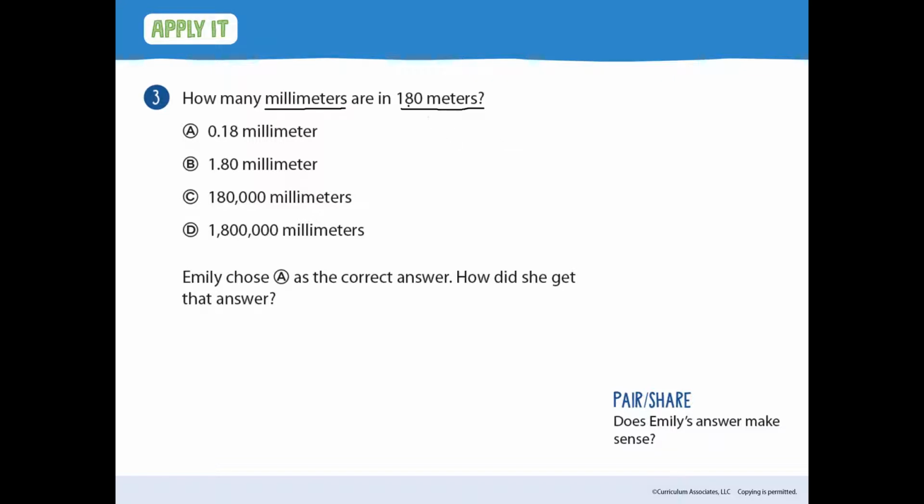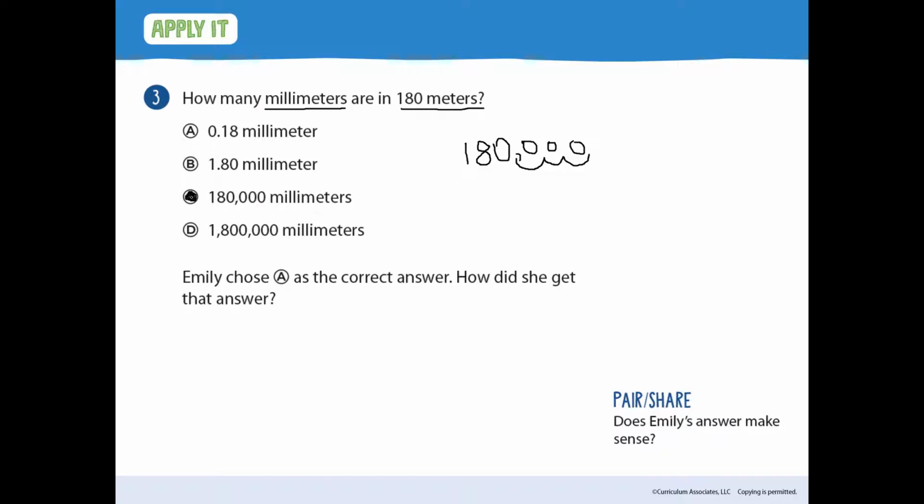So we have 180, and we're going to multiply by 1,000 because there are 1,000 millimeters in a meter. So we're going to move our decimal 3 places to the right this time to make it bigger. 1, 2, 3, and we're filling those spaces in with zeros. So a comma goes right there. I see 180,000 millimeters, which is right here, letter C.